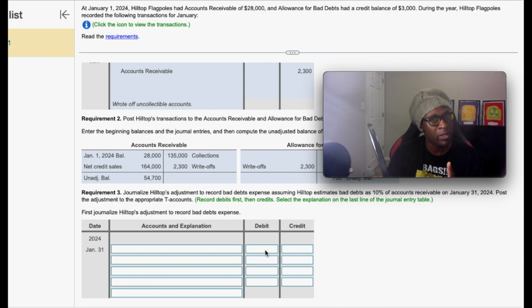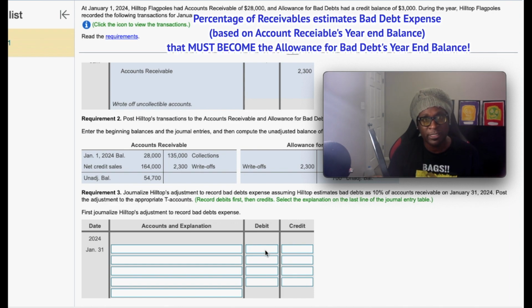So rule number one about percentage of receivables is you have to multiply the estimated percentage of uncollectible times the ending balance of accounts receivable. And rule number two is whatever that amount is you calculate must become your new ending balance for your allowance for bad debt.